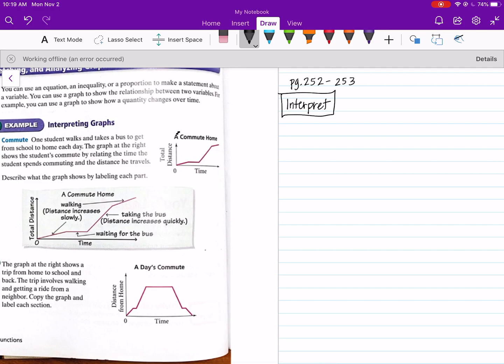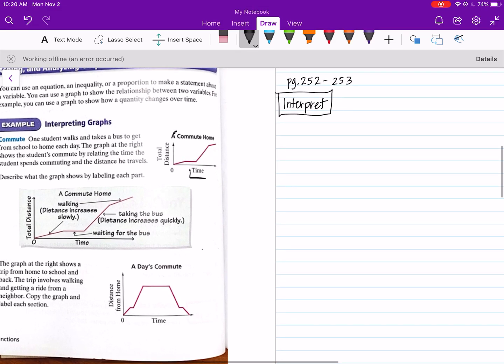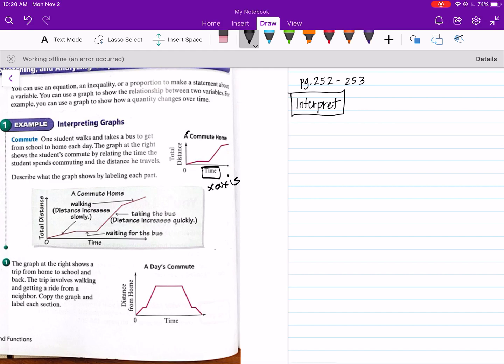As you can see, they sketched a graph, and we have to interpret what's going on. Whenever you're sketching a graph, time always goes on the x-axis, and then total distance or whatever the problem indicates. Sometimes it's distance, sometimes altitude, sometimes speed, so you have to pay attention.